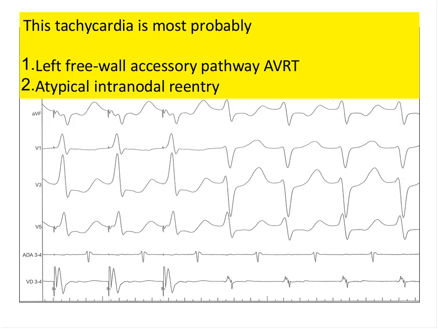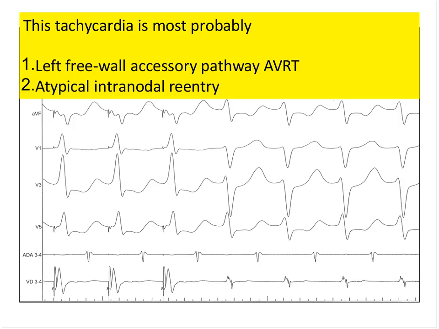Okay, very good. We got 71% of you who said it was a left free wall accessory pathway mediated tachycardia. This is very, very good, I think, of you to mention that, because we didn't mention before that we could also pace the left ventricle. We said that pacing from the right ventricle, there is no fusion in left free wall accessory pathway mediated tachycardias.